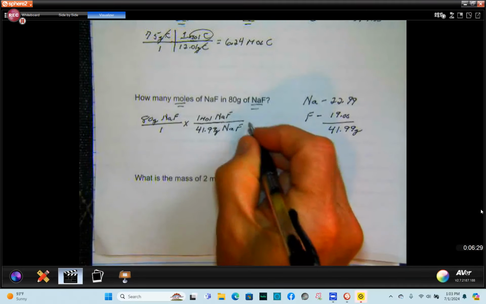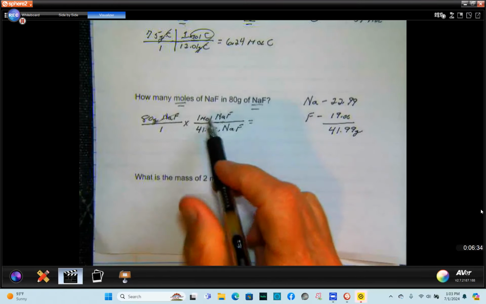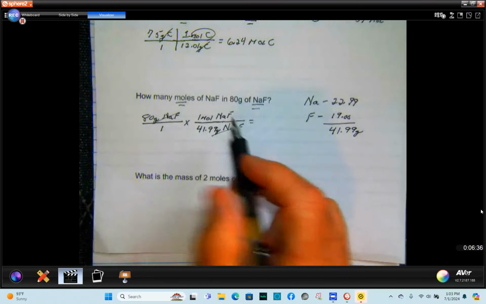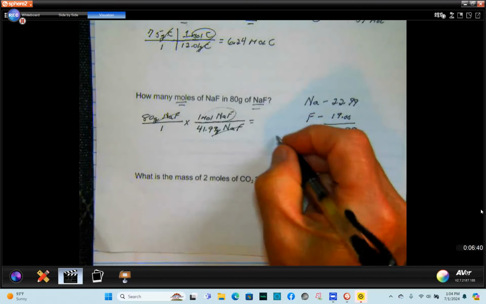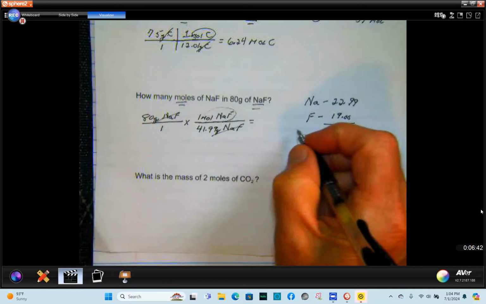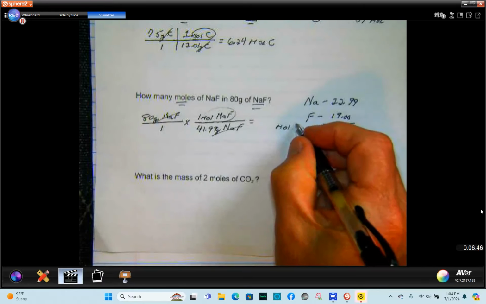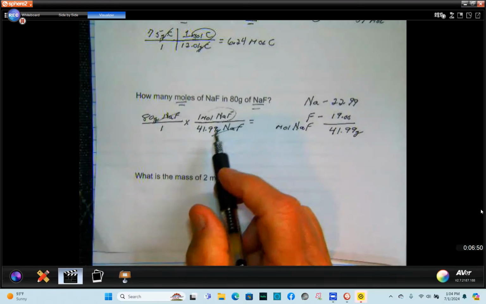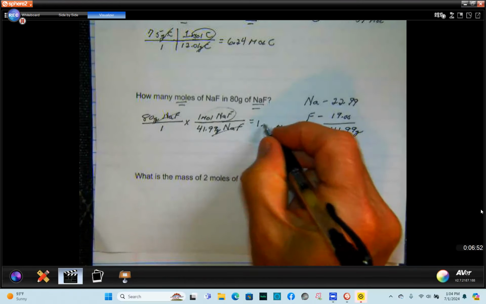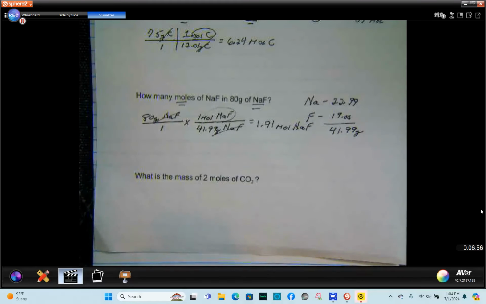And if we're looking at this, we can see grams sodium fluoride numerator, denominator. We're left with what we're looking for, and we're looking for moles of sodium fluoride. And if we go ahead and do the math on this, we come out with 1.91 moles of sodium fluoride. Again, pretty straightforward.